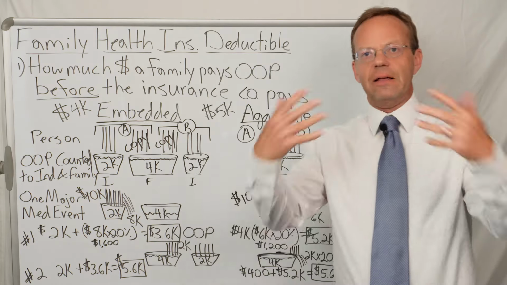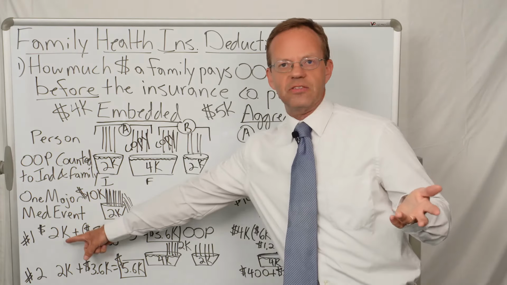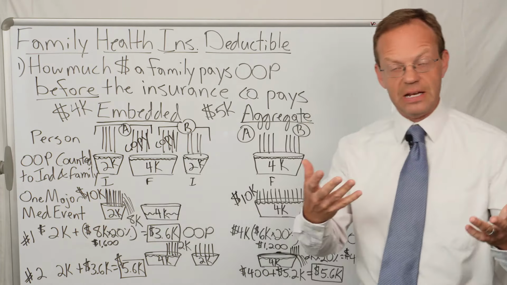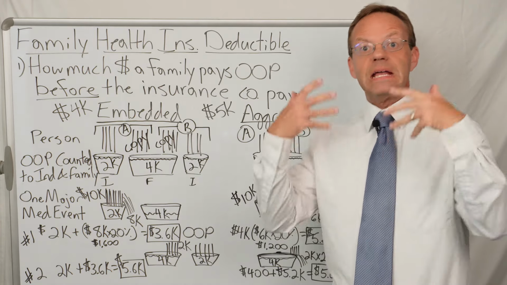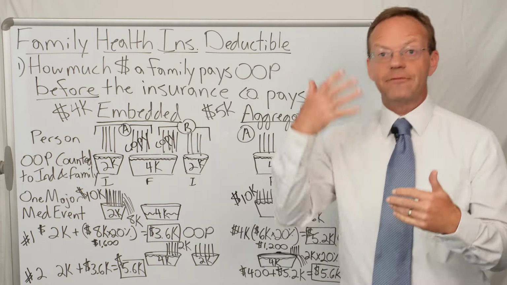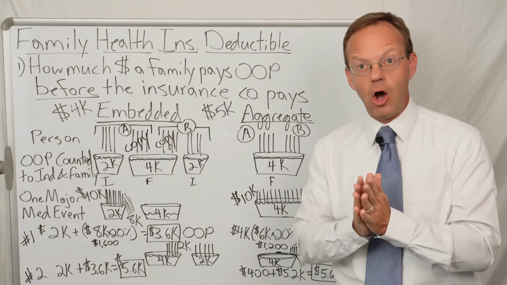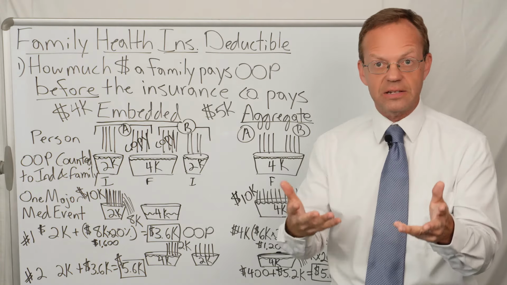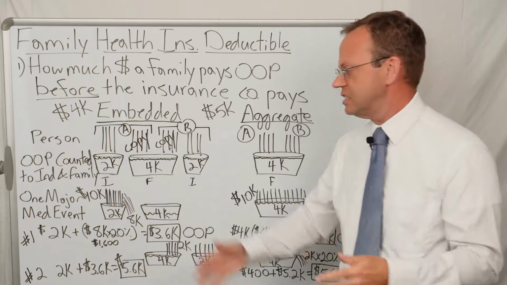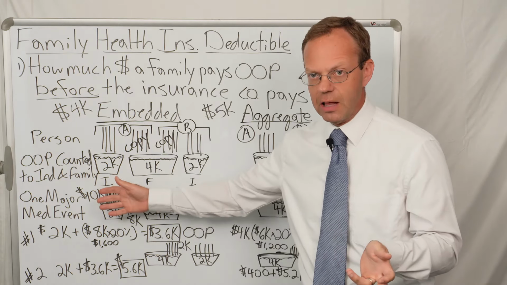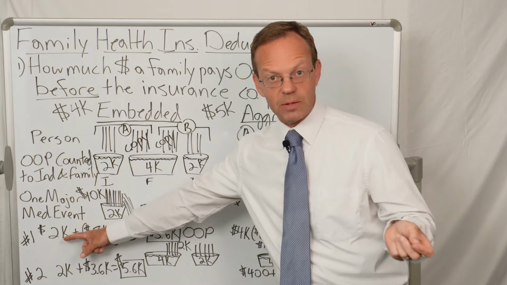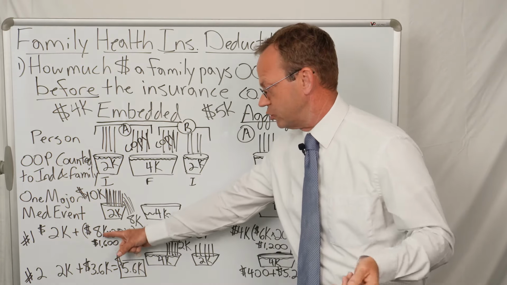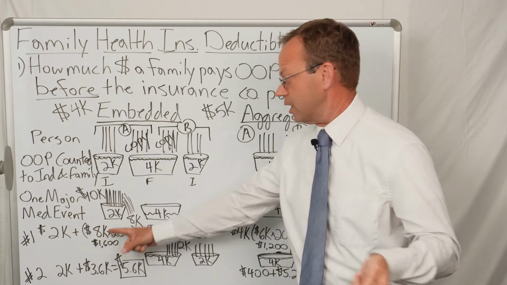To find out the out-of-pocket cost, you take the $2,000 individual deductible that the person had to pay, and then, as many of you know, you have to pay coinsurance after you've met your deductible. Typically that coinsurance is 20% of the remaining costs. In this case, for $10,000 of medical expenses, you subtract out the $2,000 of the deductible, which you've already paid, and that leaves you with $8,000 of overflow.